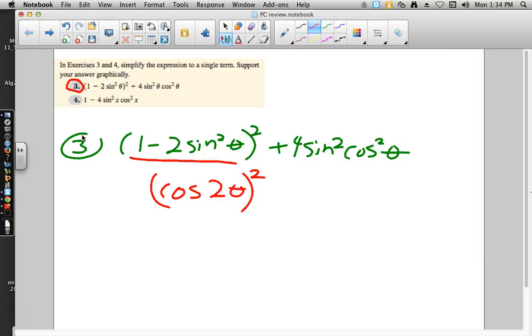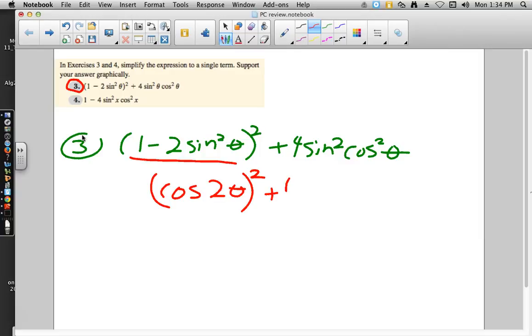Now, we go to the next piece, and we say, okay, 4 sine squared cosine squared theta. Hey, wait a minute, the 4 doesn't fit, but I know that it's 2 sine theta cosine theta that uses the double angle identity, so that's the sine of 2u, or in this case, it is going to be the sine of 2 theta, but we've got that 4 in there. So you think, well, where did the 4 come from?